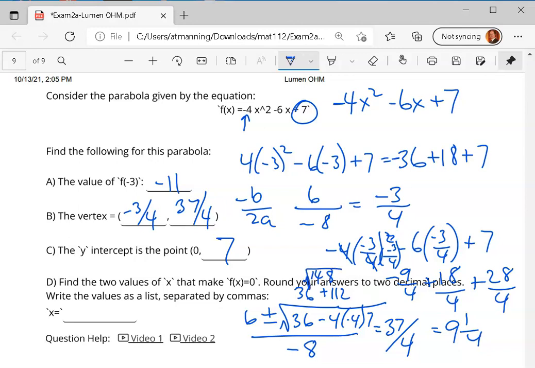Square root of 148 doesn't come out to a whole number, so it's 6 plus square root of 148, all over negative 8.